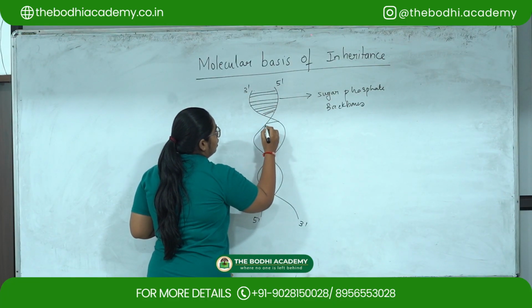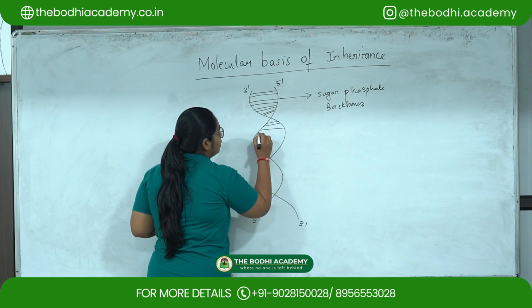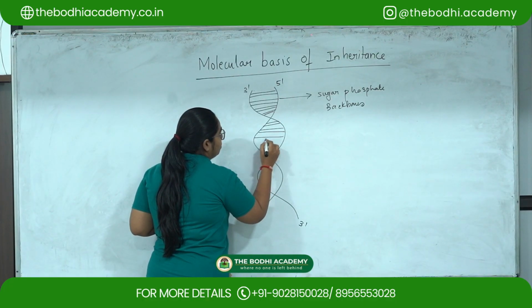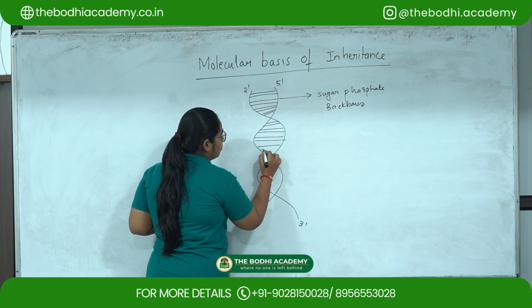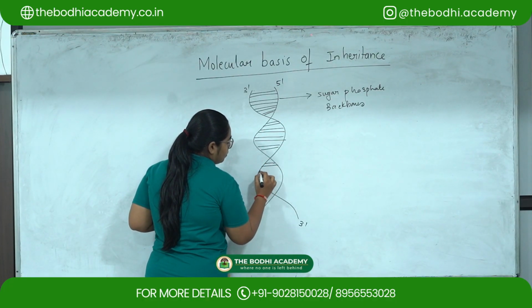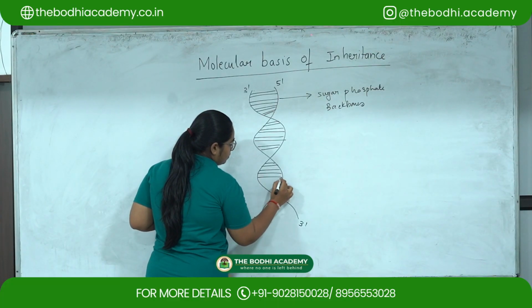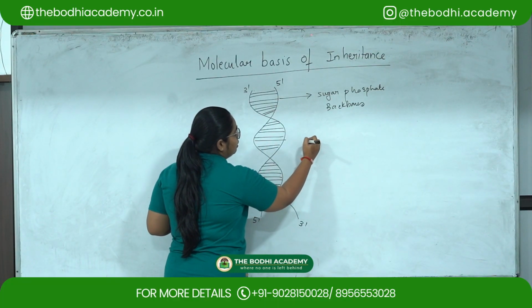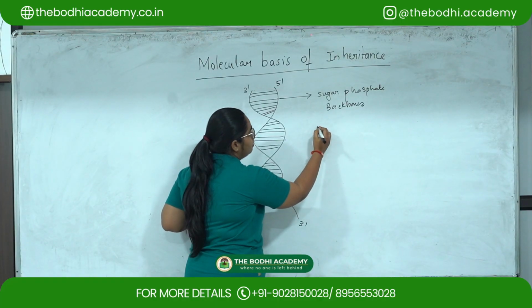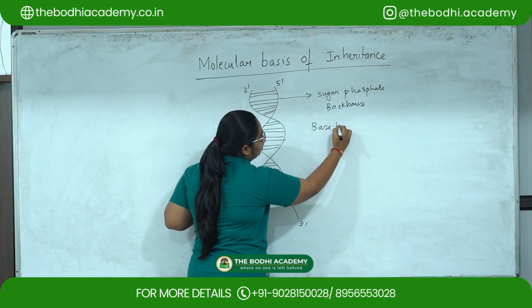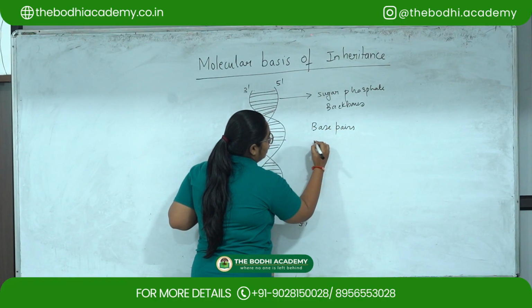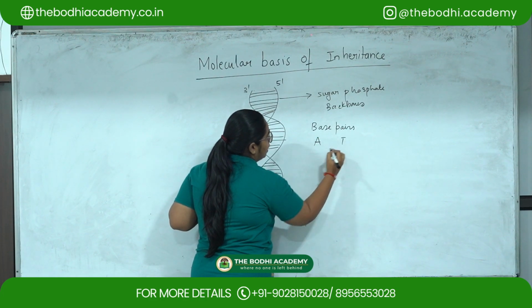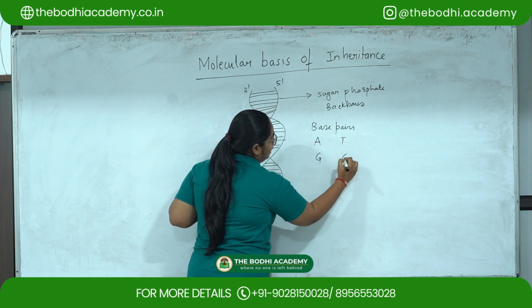So each bubble will consist of 4 base pairs. So these are the base pairs. There are 4 base pairs: adenine, thymine, guanine, and cytosine.